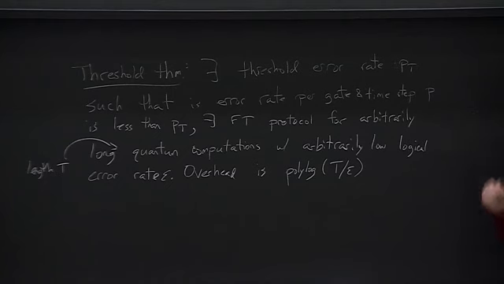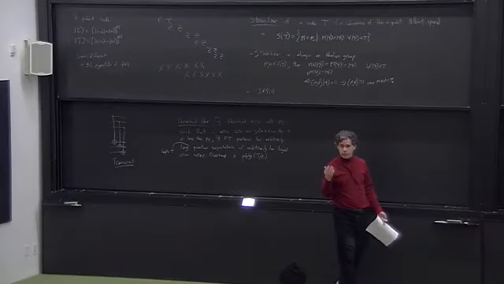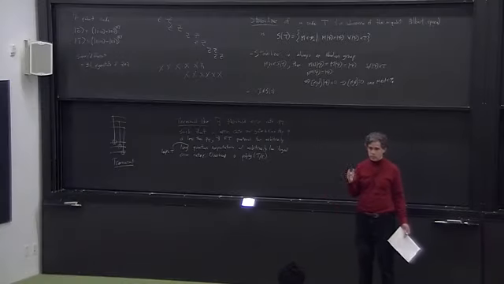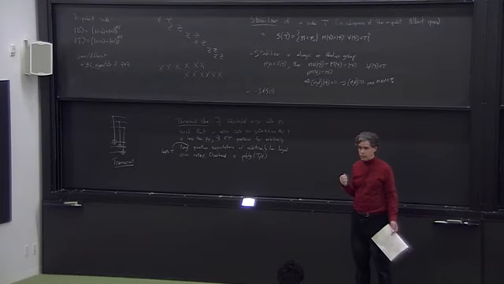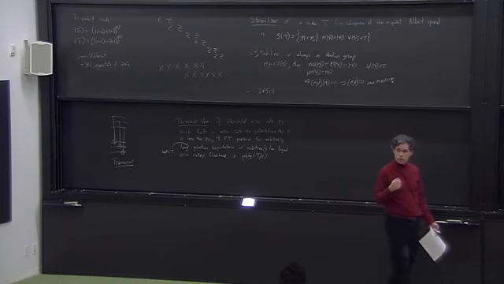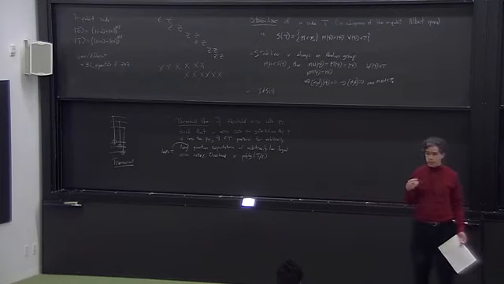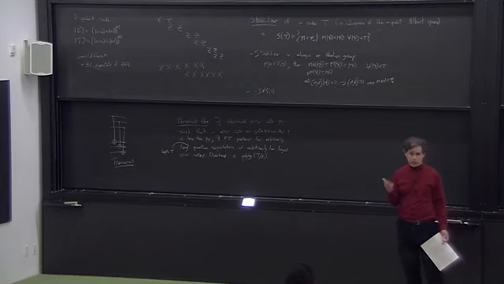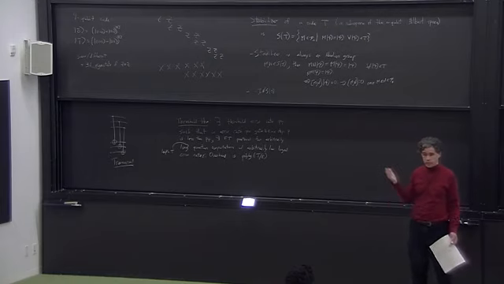This threshold error rate seems to be of order 1% for simple error models. And so if you get the physical error rates down to what we were talking about 2 weeks ago, of order 0.1%, that's probably good enough to build a big quantum computer.